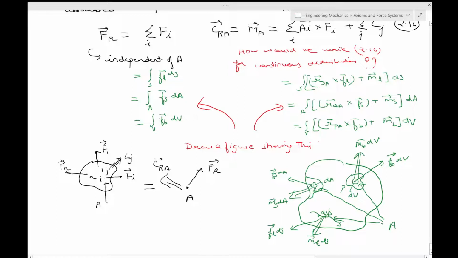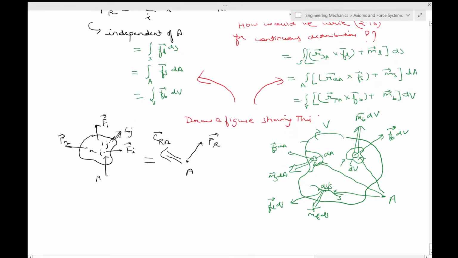Obviously the total volume is V, the total surface area may be S, or A actually. Oh, I should not use A because you already used a point A, but total area is also known. So that's where you can draw this using a picture, the ones in green.